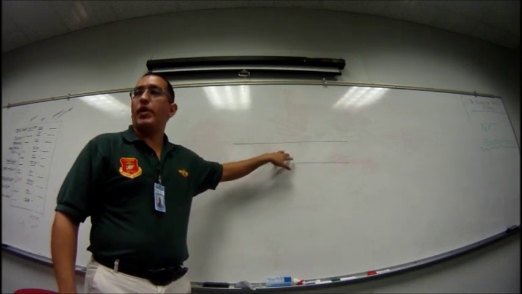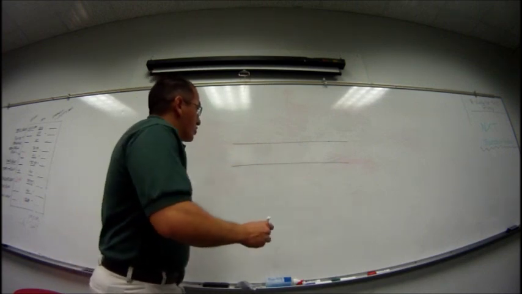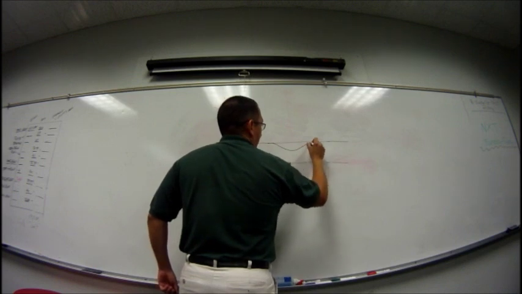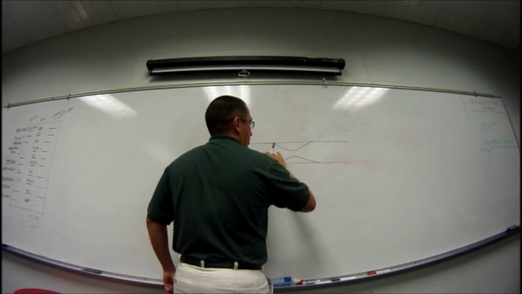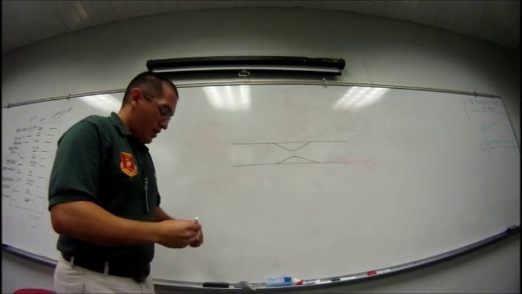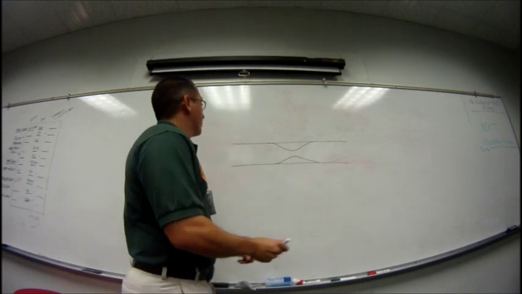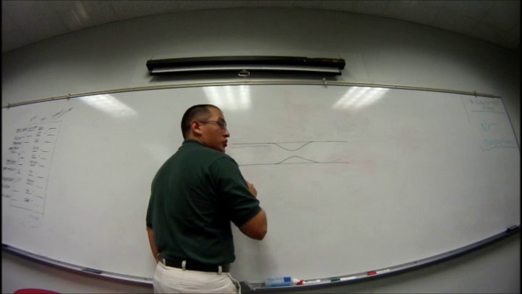Air will basically give you the same results, but we use water. So you put a constriction in the middle of the tube right here. Okay, so you see the constriction right there? And then you move the water through it.